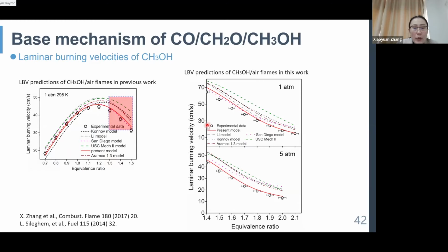In this work, we extended the equivalence ratio conditions to ultra-rich conditions. Here is 1.5, and we extended it to 1.8, 2.0 and 2.1. As we can see, not only can the present model predict the experimental data reasonably, but even the San Diego model presents some discrepancies when predicting the experimental data under ultra-rich conditions.